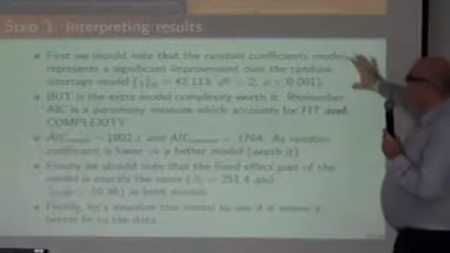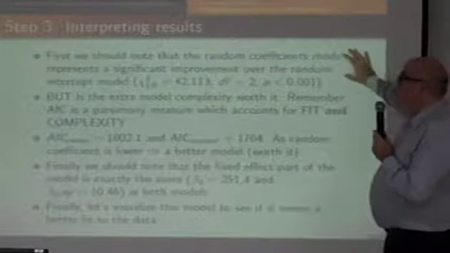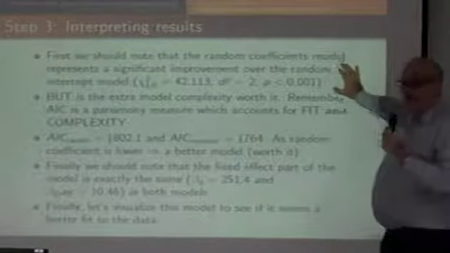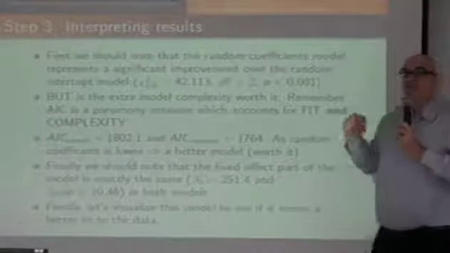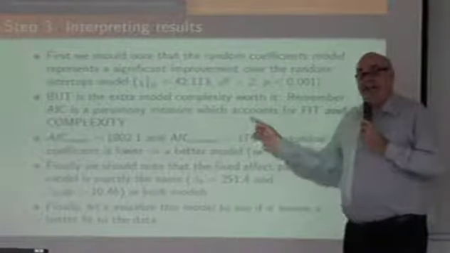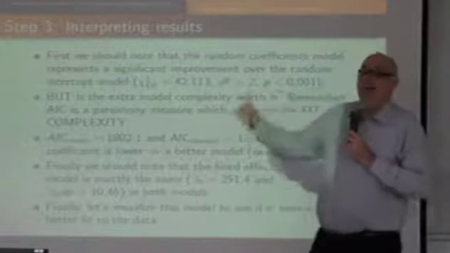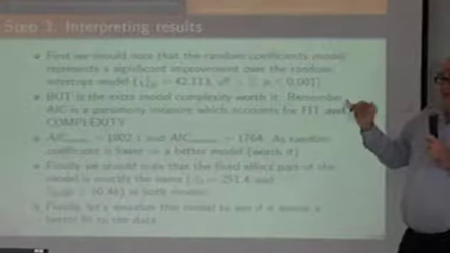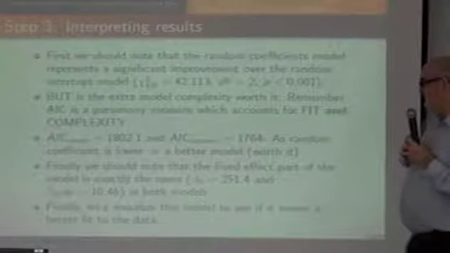First we note that the random coefficient model represents a significant improvement over the random intercept model. But we have to ask the question, was the extra model complexity worth it? The AIC, which takes both fit and complexity into account, says yes, it was worth it. It was still lower.